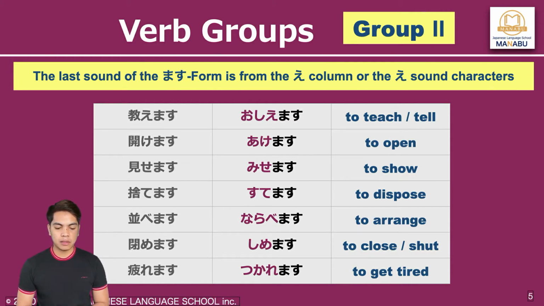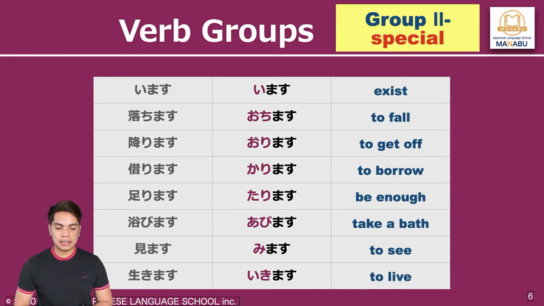Now for the group 2 verbs, if we remove the masu, the last characters are E sound characters, or they belong to the E column. For example, oshiemasu, oshie. Akemasu, ake. Misemasu, mise. Sutemasu, sute. Narabemasu, narabe. Shimemasu, shime. And tsukaremasu, tsukare. But there are also verbs that end in I sounds, but they belong to group 2 verbs. They are called special verbs.